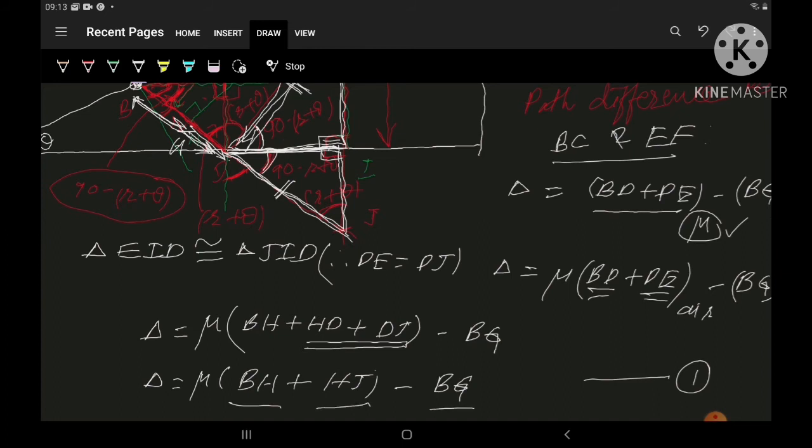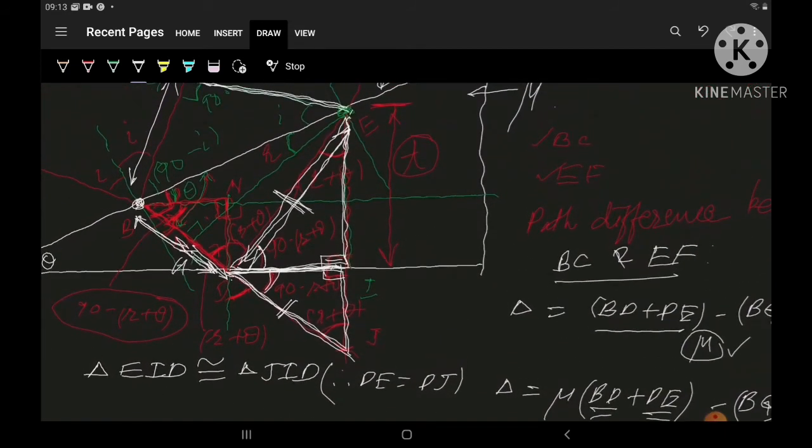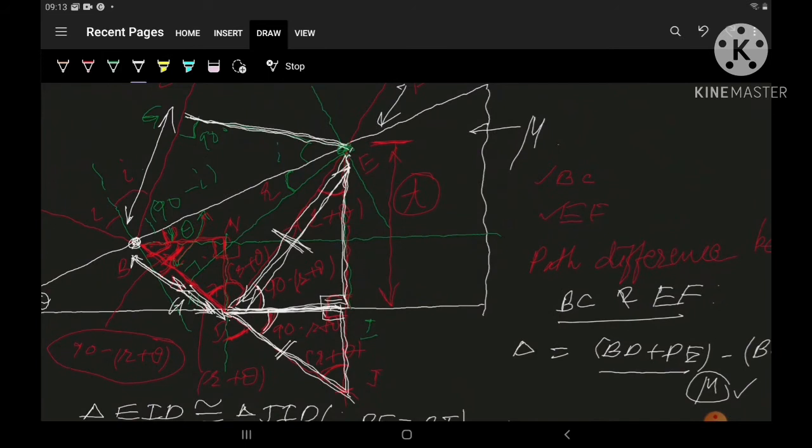So first of all, let us try to find the value of BH. Look here, from the figure, this is BH. So we have to consider the triangle having one side as BH. So in the figure, let us consider the triangle BHE.